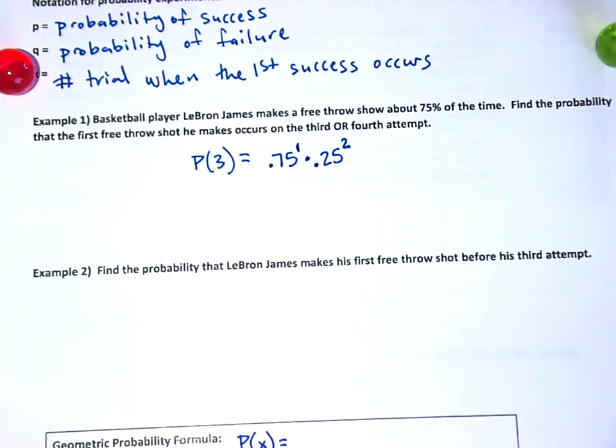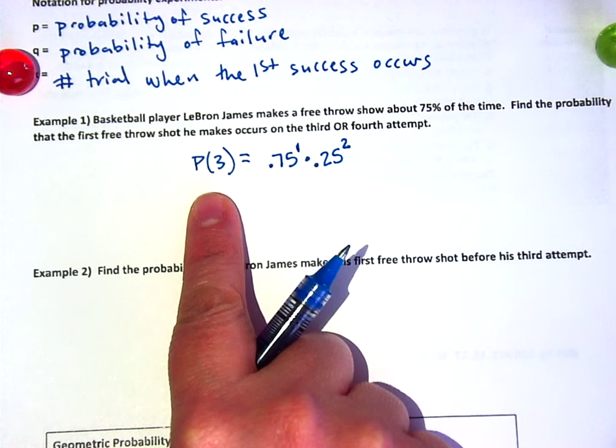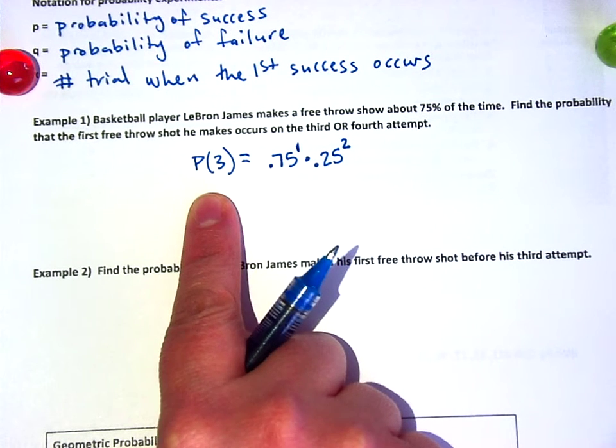Now, when we were doing binomial probabilities, we had to figure out where were the wins, where were the losses. But we don't really need to figure this out this time. Do you know why? When is his success going to happen in a geometric probability? Like specifically for probability of 3, his success happens on the third time.